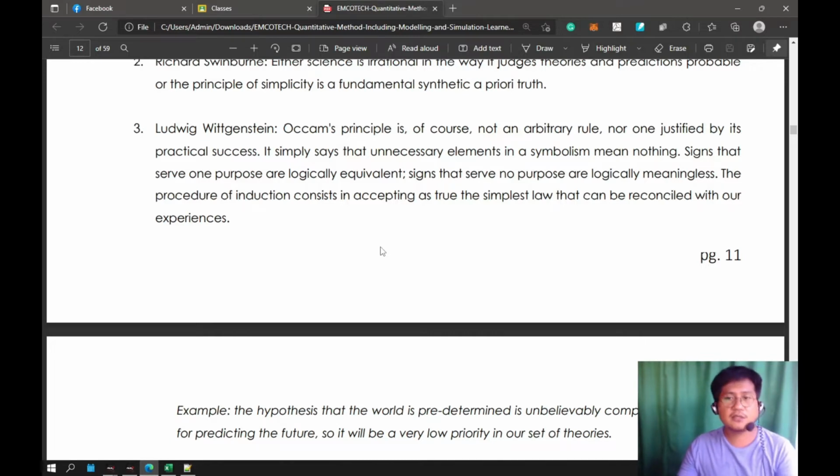It simply says that unnecessary elements in a symbolism mean nothing. Signs that serve one purpose are logically equivalent, and signs that serve no purpose are logically meaningless. Okay. The procedure of induction consists in accepting as true the simplest law that can be reconciled with experiences.